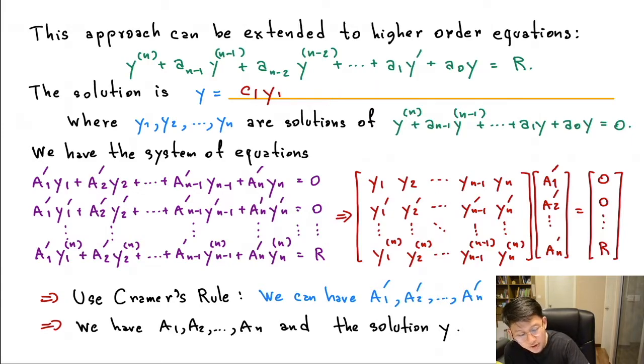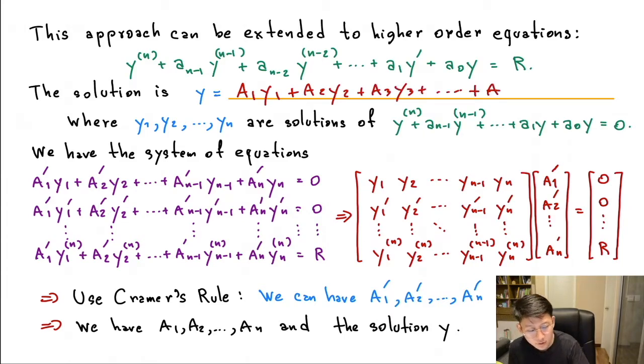The solution is actually a1 y1 plus a2 y2 plus a3 y3 and so on, plus an yn, where y1 to yn are solutions of the homogeneous case, and a1, a2, a3 to an are functions of x.